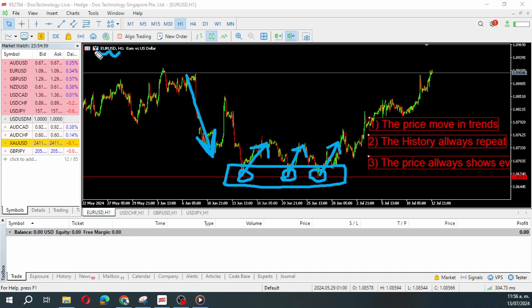And why is this happening? Because maybe there is some kind of news that makes the euro weaker against the USD. Maybe some kind of war is happening in the eurozone, or maybe there is economic news that is against the euro, right?